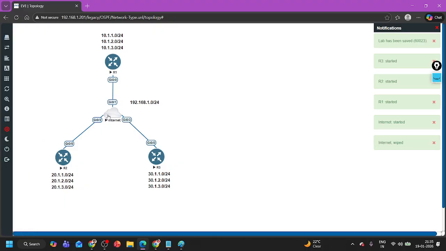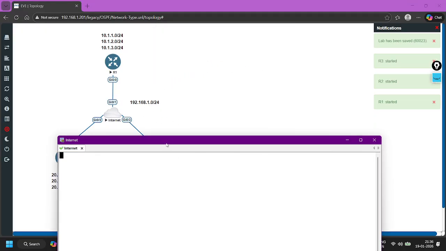Okay. Now if I access this router, I think this is the switch.